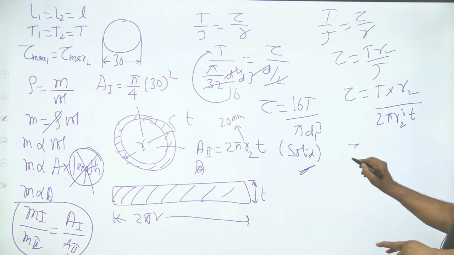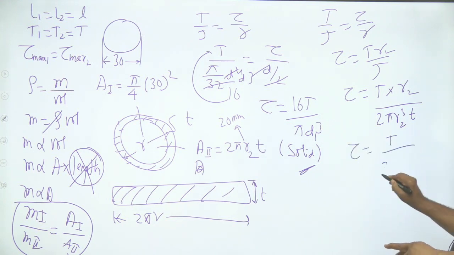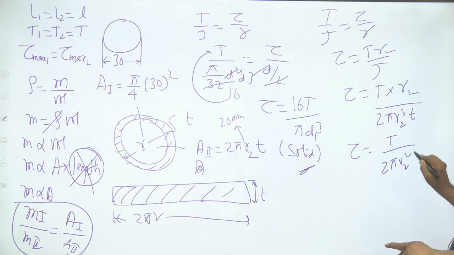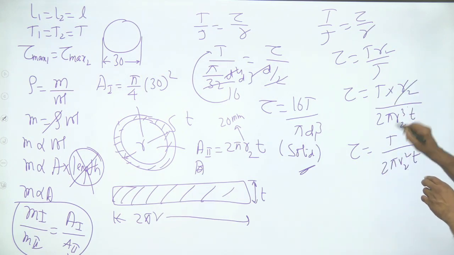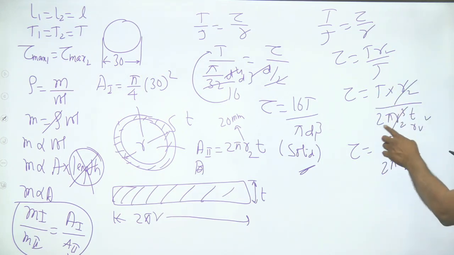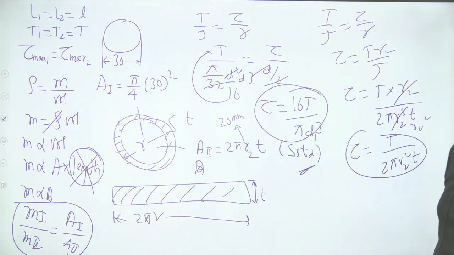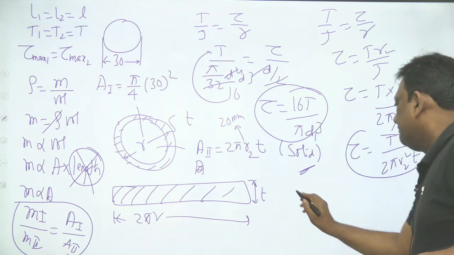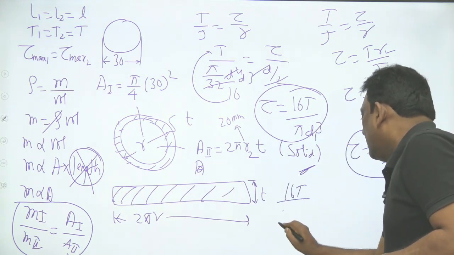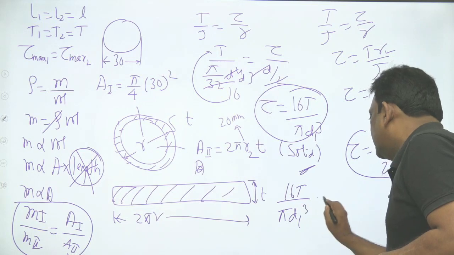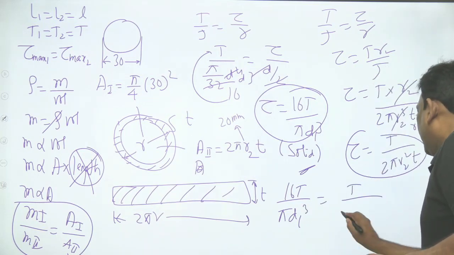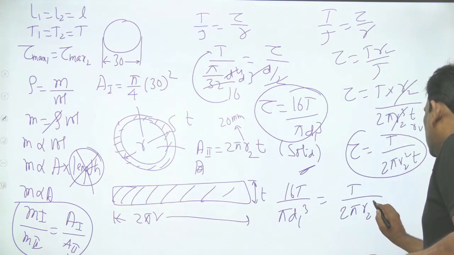So therefore, the maximum shear stress is given by T by 2 pi r2 square t. One second, this R2 is gone. So it will be T by 2 pi R2 square t. But clearly he said this maximum shear stress is the same. He only said equate: 16T by pi D1 cube is equal to T by 2 pi R2 square t.